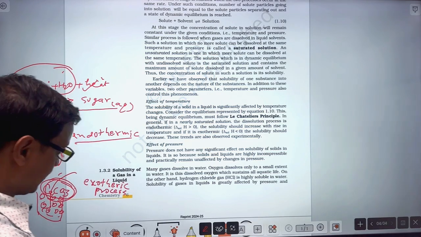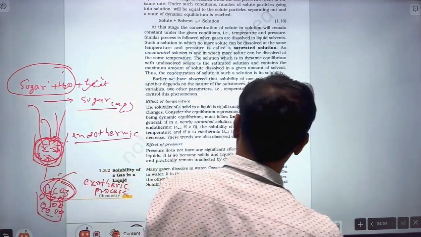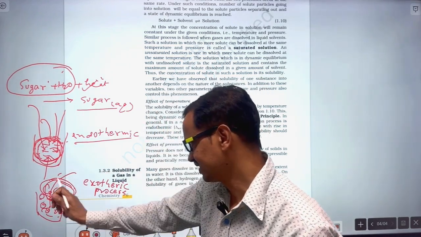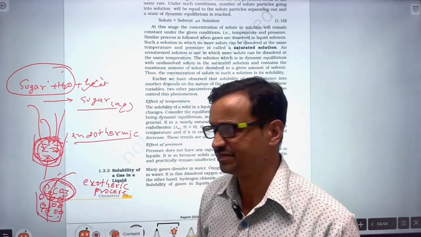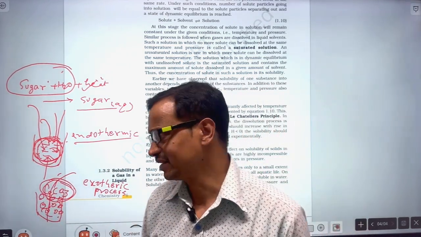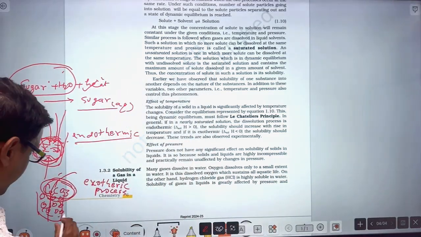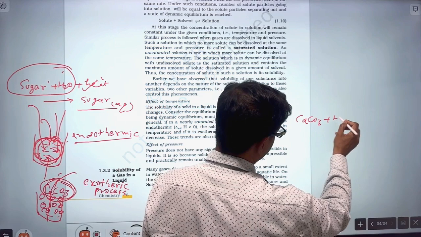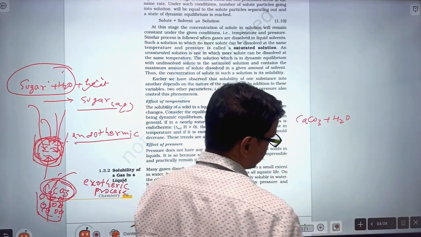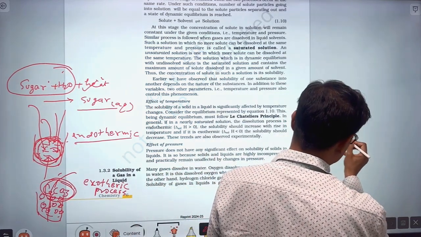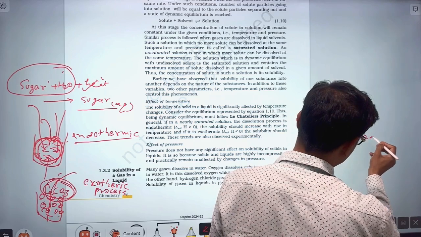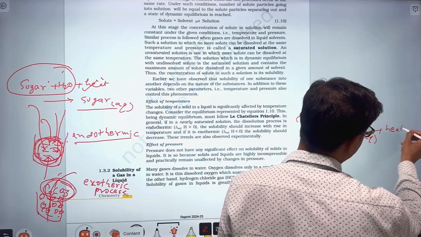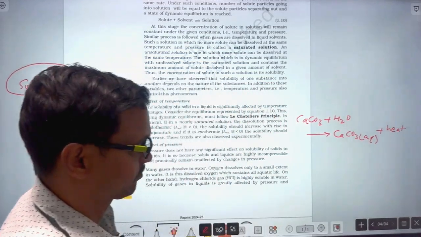In the case of CaCO3, solubilization is an exothermic process. When you try to dissolve CaCO3 in water, it gets dissolved and comes into the aqueous state, and heat energy will evolve.